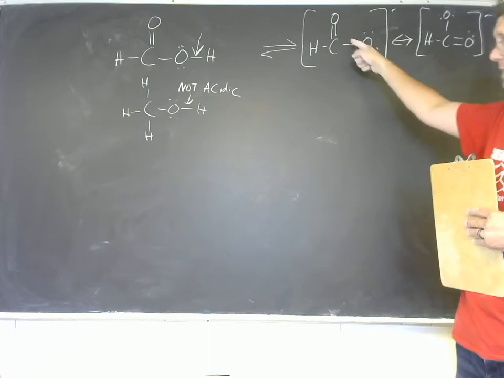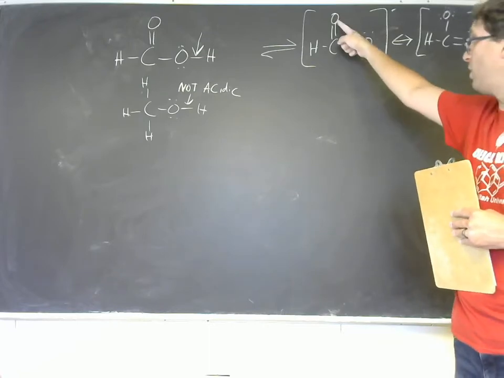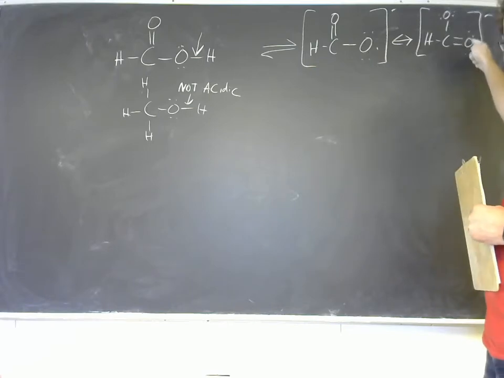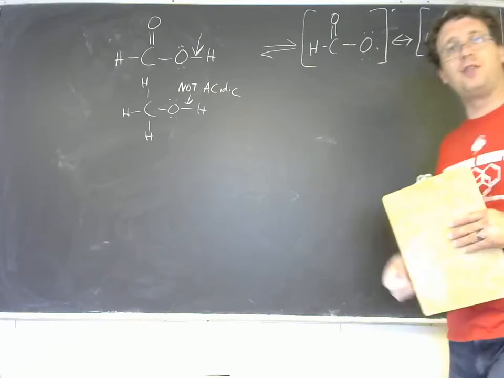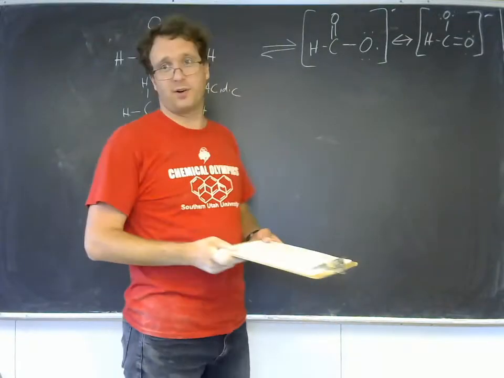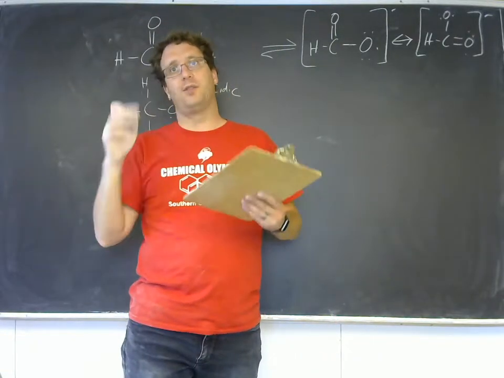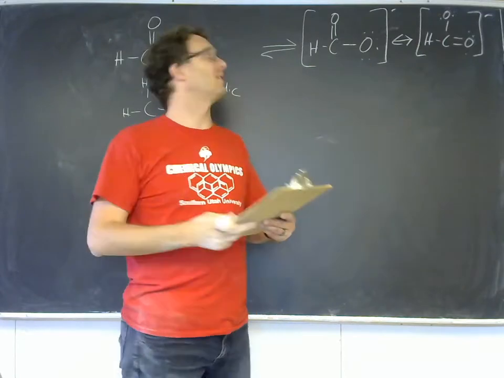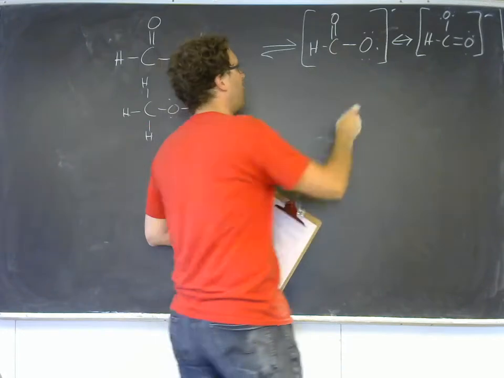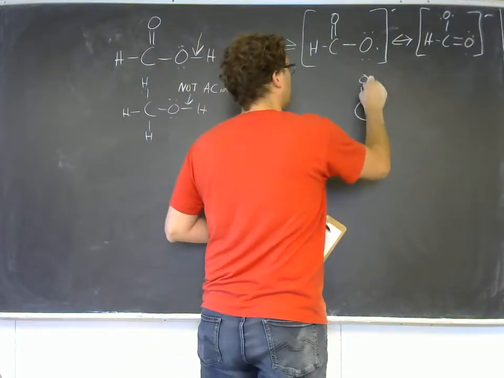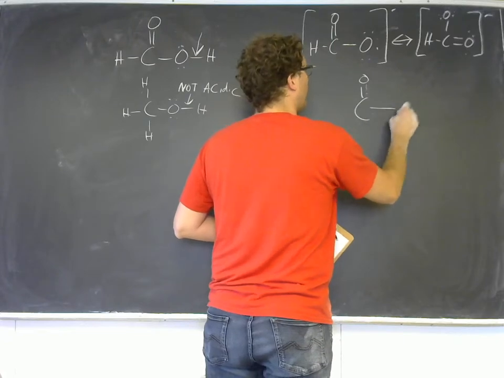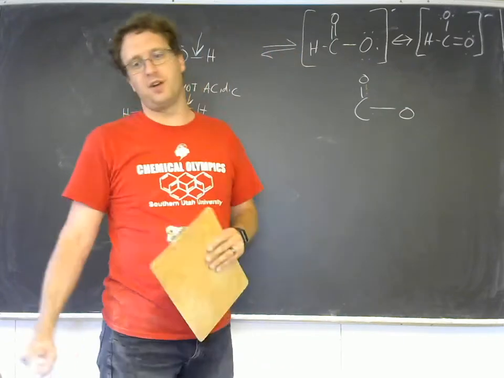But basically we could have drawn the double bond up to the top and the single bond to the right, or the double bond to the right and the single bond to the top, and those two structures are exactly equivalent to each other as far as the bond strengths and geometries. So in reality, the formate ion is going to split the difference and share that double bond across both of those bonding centers.